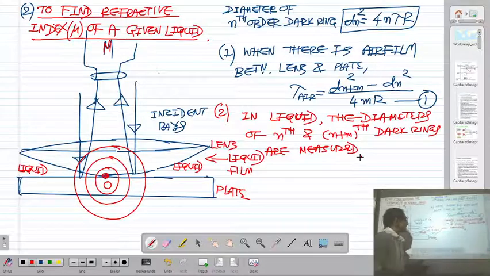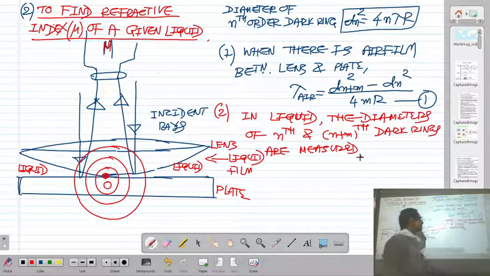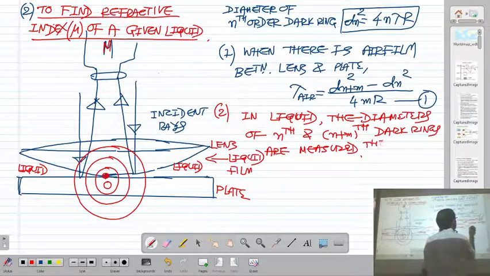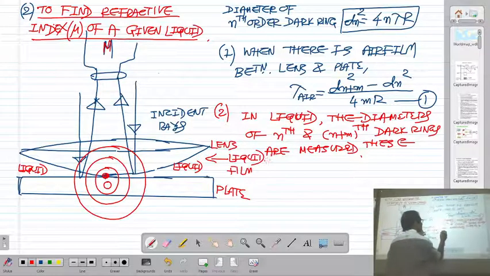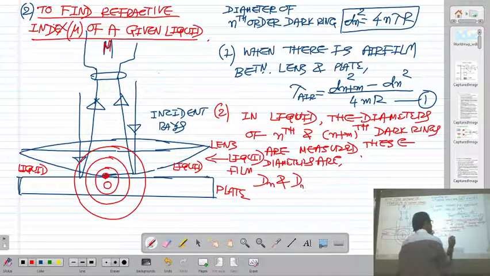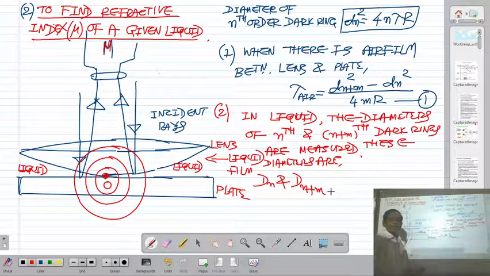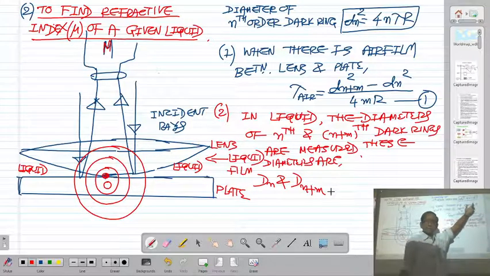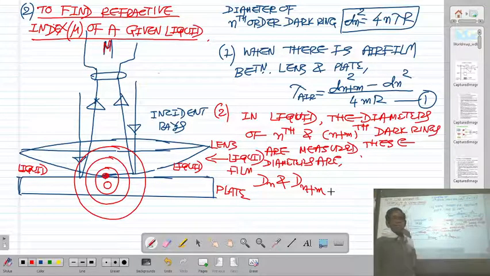So when there is a liquid between lens and plate, the diameter of the rings is going to change, and you have to measure the diameter of the nth ring and the (n plus m)th ring. These diameters are capital Dn and Dn plus m. In air film we are using small letters for diameters, in liquid film we are using capital letters for diameters.